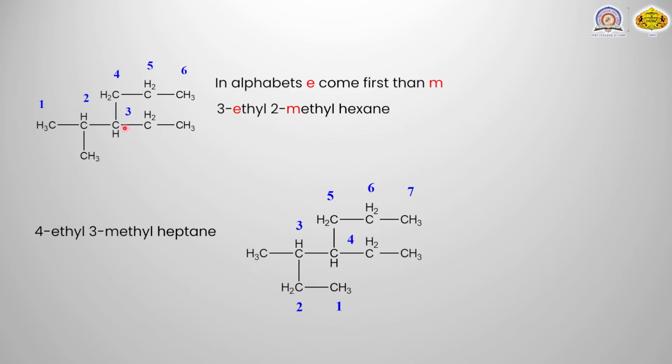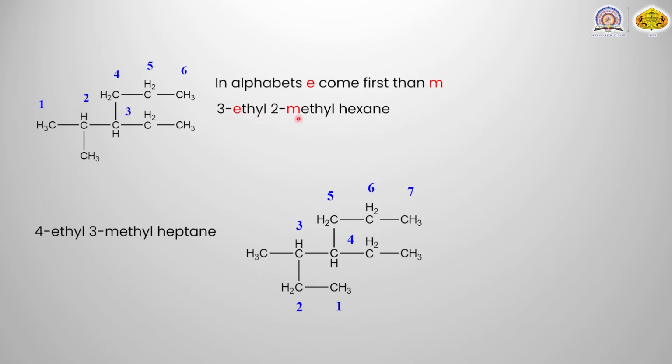Although the position number of ethyl is third, in order to name the compound, the names of the substituents are written in alphabetical order. So ethyl comes first, E comes first, then M. Exclude these numbers when deciding the order of writing the name. So the ethyl group is at position 3 and the methyl group at position 2, but to write the name, we write E first, then M.